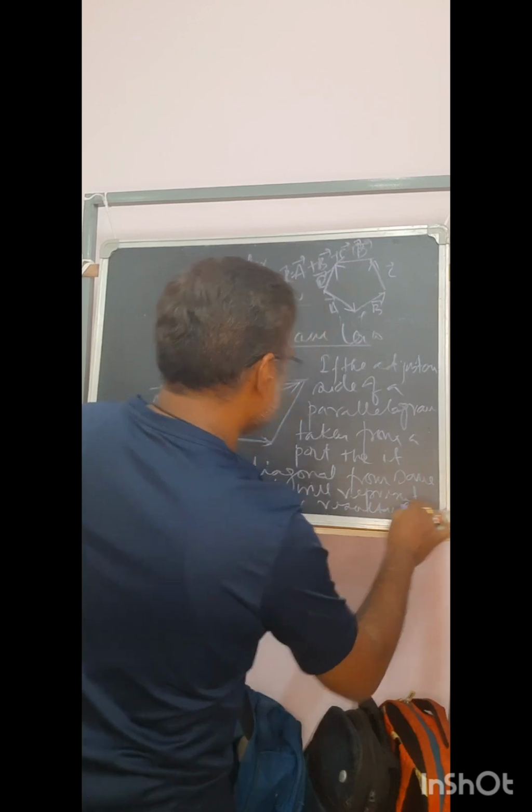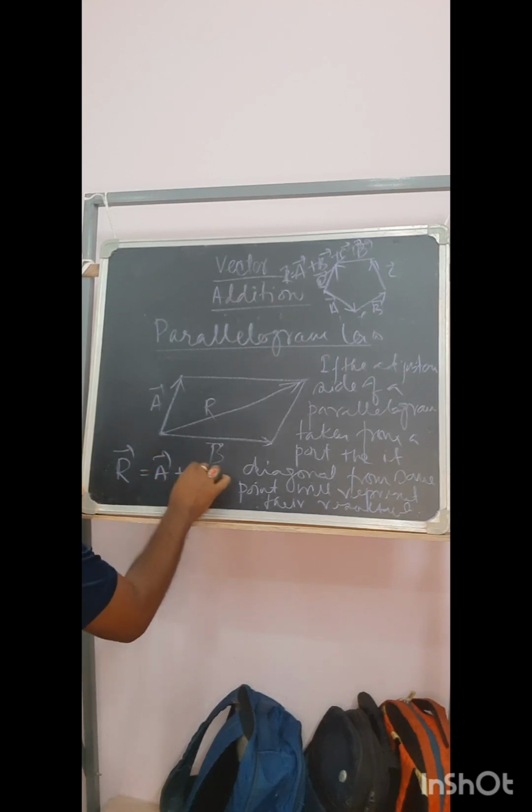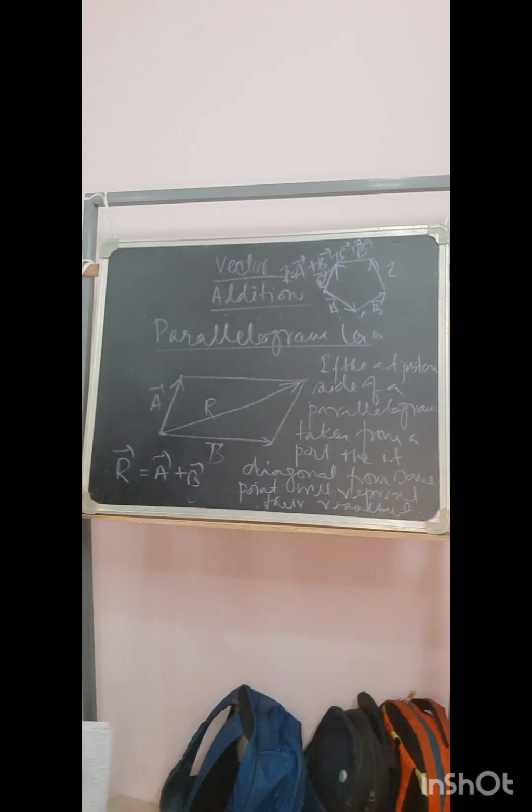Okay, so this is the rule. That means the R vector will represent A vector plus B vector. So this is the parallelogram law.